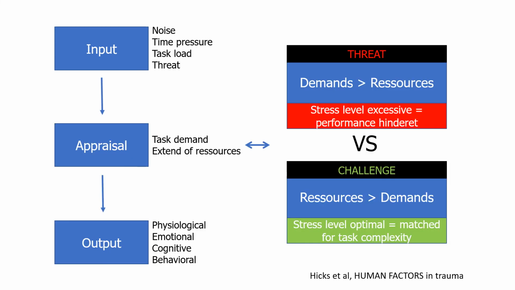And part of this is also, this is from Hicks as well. This is just another way of saying this, like we can be stress overloaded when we have a lot of input and we appraise the situation as being demanding compared to the amount of resources that we have. If we don't have any resources, then this will be a huge problem.